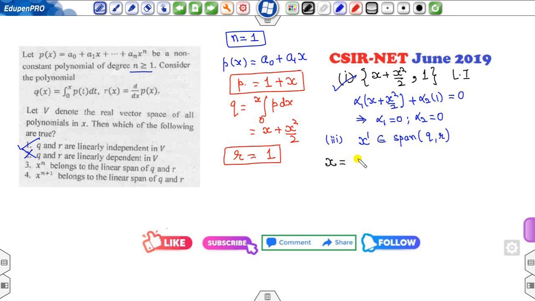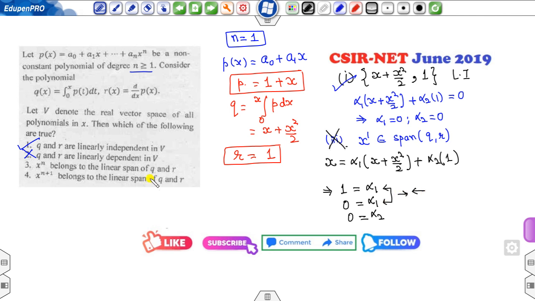I can write this as alpha 1 times Q plus alpha 2 times R. If you equate the coefficients, x gives alpha 1, x² gives 0 and constant gives 0. So clearly from these two cases there is a contradiction. So that means x does not belong to this span.